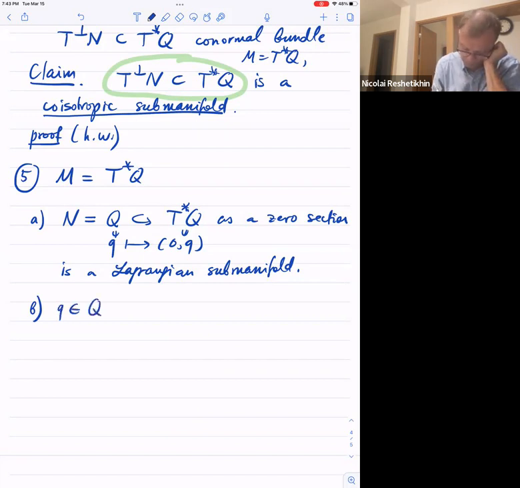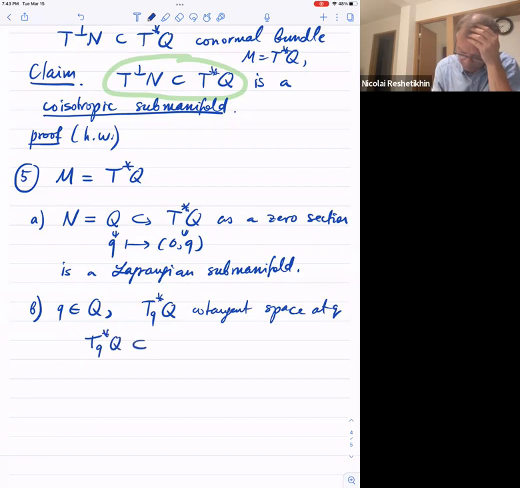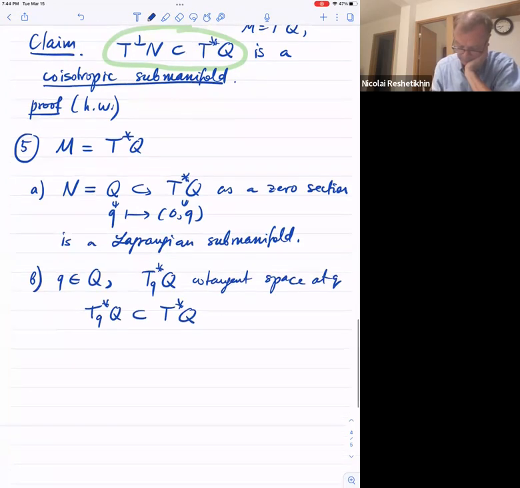Let's fix a point q. Then at q we have the cotangent space. Obviously it's a subspace in the total space of the cotangent bundle, and it is Lagrangian.